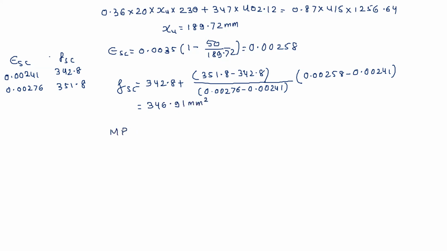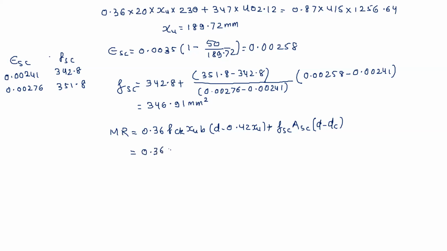And now we can find Mr, which is 0.36 fck xu into B, into (D minus 0.42 xu), plus fsc into Asc into (D minus dc). Now substitute the values.